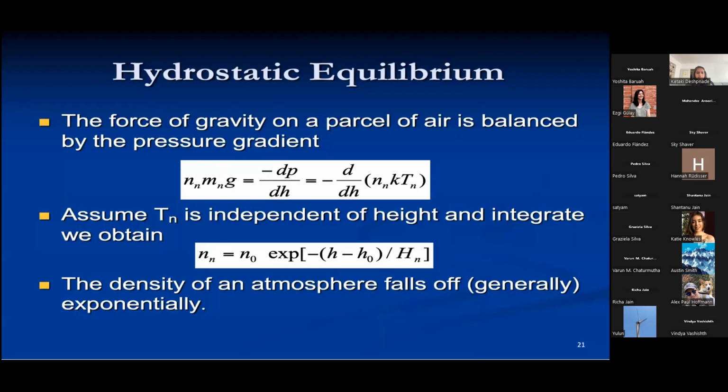Now, the other thing we have to think about is hydrostatic equilibrium. Basically, you've got the force of gravity on a parcel of air, and it's balanced by the pressure gradient.